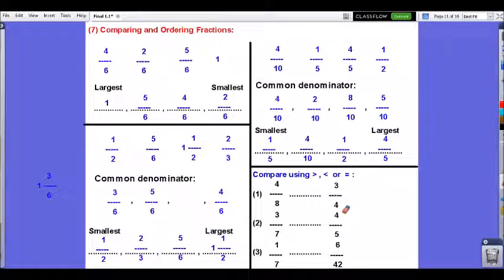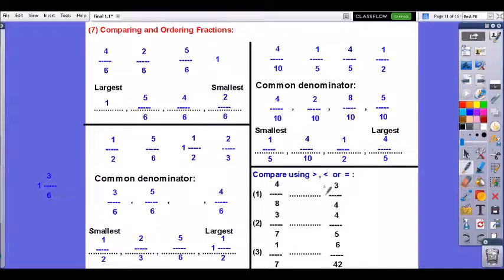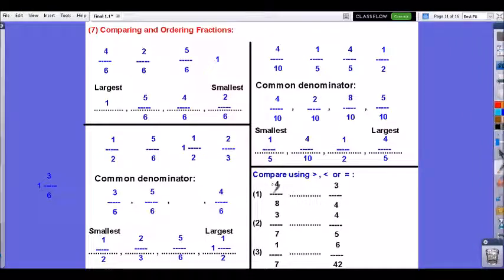Just multiply this denominator by the other numerator and this denominator by the other numerator. 4 by 4 is just 16. And here, 8 by 3 is just 24. Which number is greater? Of course, 24.